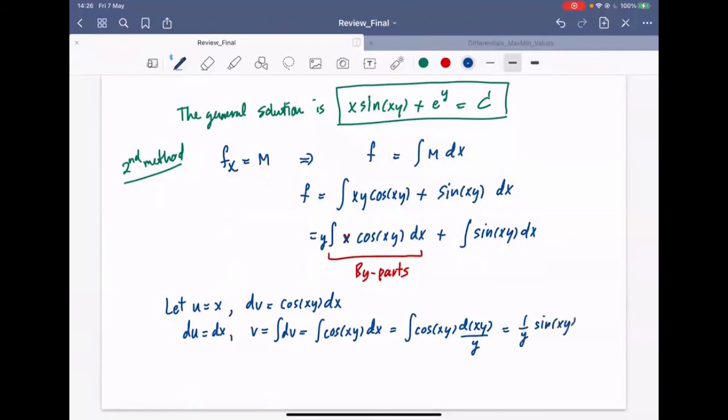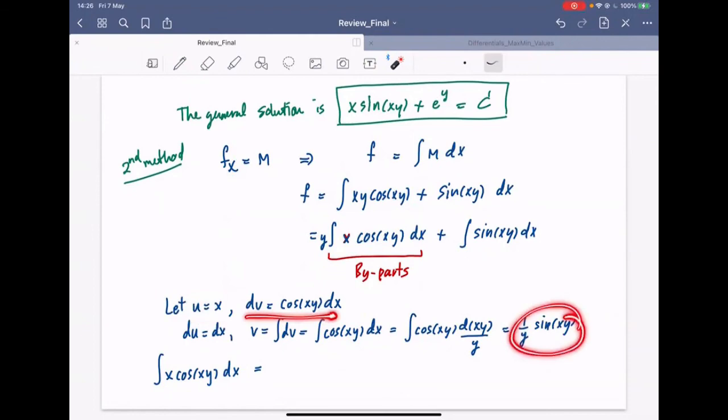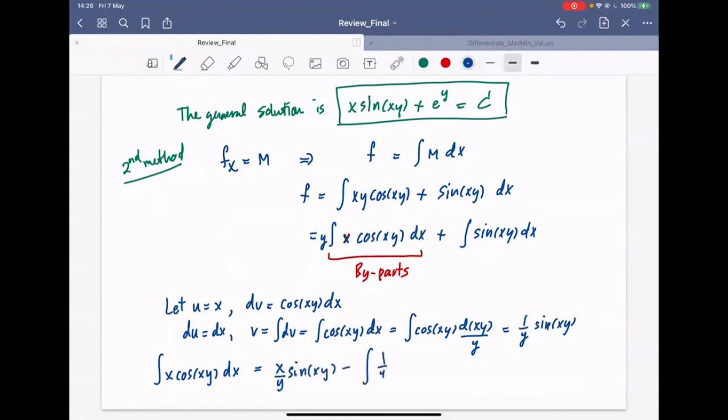Okay, by using integration by parts, integrate x cosine xy dx is going to be u times v minus integrate v du. Sorry, that is integrate u dv equals uv minus integrate v du.